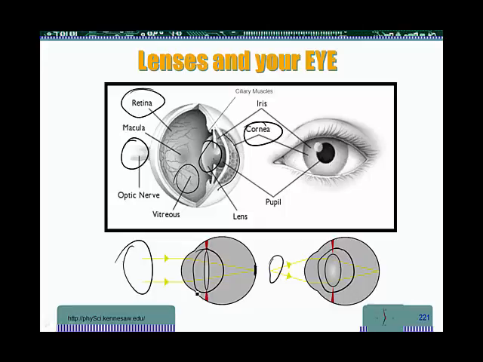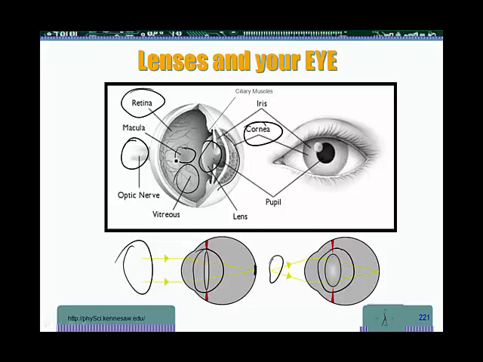In all cases, the eye does its utmost job to form an image on the back of the eye, on the retina. Now, one of the things that we have is what's called the dark spot. We don't want the image to be formed on the macula, which is where the optic nerve ends.